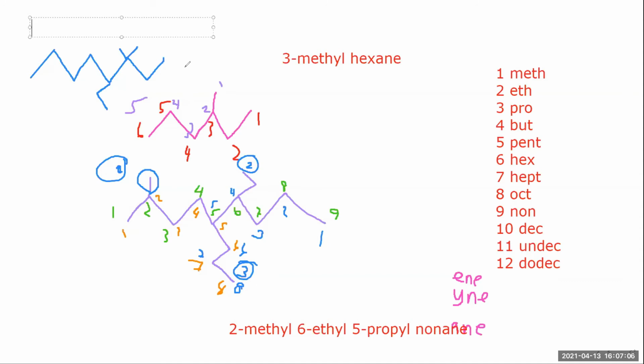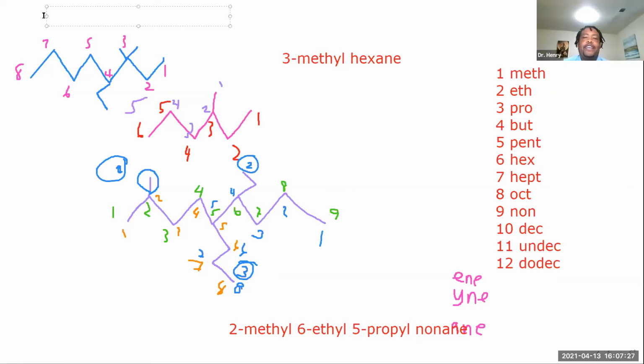Okay, let's see, you said... I'm thinking it's 3-dimethyl 4-propyl octane. Or is that, wait, 1, 2, no, he's right. It's ethyl. 4-ethyl. Yeah, because you counted the one in the beginning, huh? Yeah, I counted 3. Whoops. Super close. Now say it again. 2 dimethyl, or I'm sorry, 3 dimethyl.